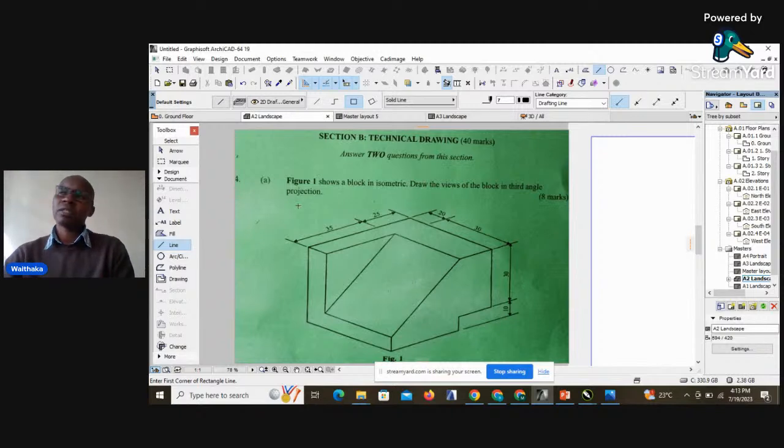The first and foremost thing for us to do is to interpret the figure that we've been given. It's very important for you to be able to understand and interpret the figure and know which face represents the front view, which represents the plan, and what you will see from the end view.